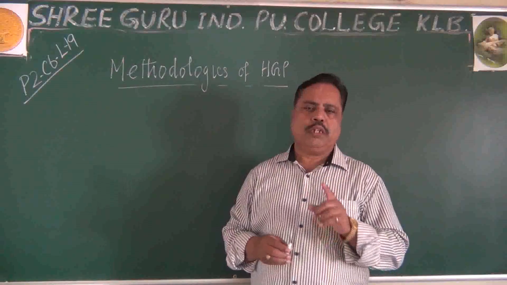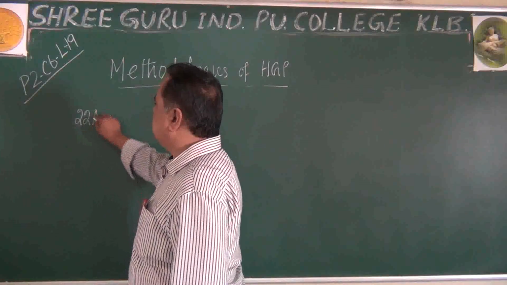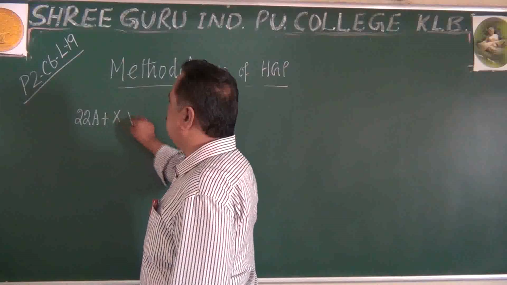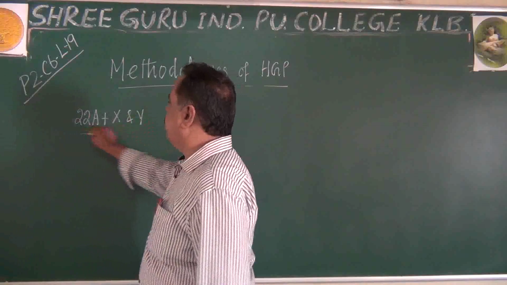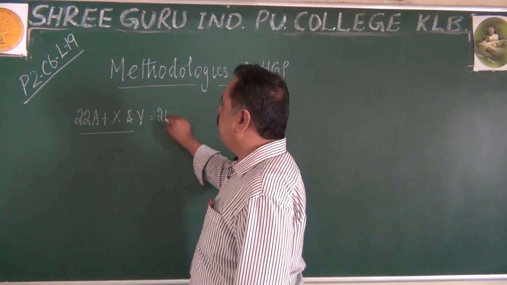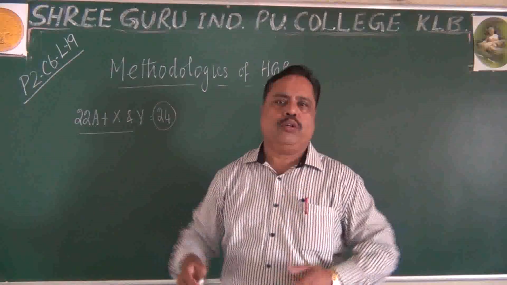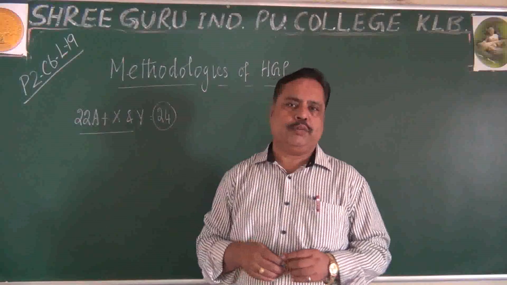Here you have to remember, genome refers to 22 autosomes plus 1 X chromosome and 1 Y chromosome. Totally 24 chromosomes have to be deciphered. The sequence of their nucleotides should be deciphered actually.